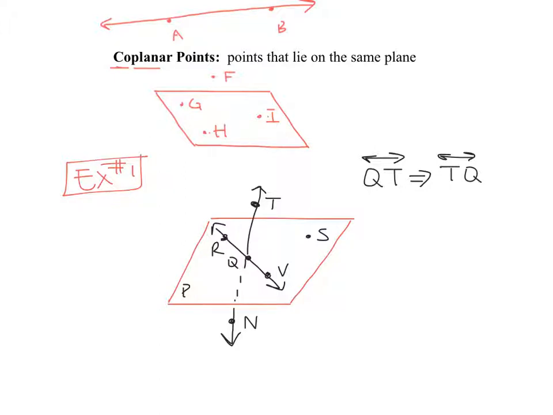So any 2 points on that line, it's the same line because lines go on forever. So QT goes on forever, TN goes on forever. They are the same. So TN would be another way you could name that. QN, NQ, right? So several different ways you could name it. How about, could you name plane P for me?